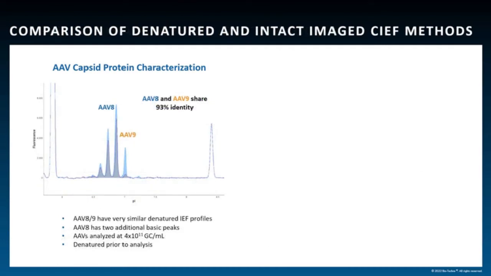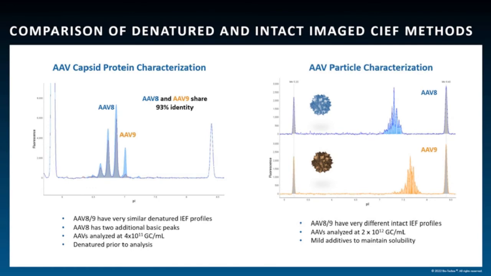To compare the two imaged cIEF methods, I have selected AAV8 and 9. These serotypes are 93% identical by the chart on the previous slide, and in the capsid protein method, they align quite nicely. But there's an important difference: AAV8 has 2 more basic species than AAV9. Let's look at the same samples now when they aren't denatured prior to analysis in our intact method.